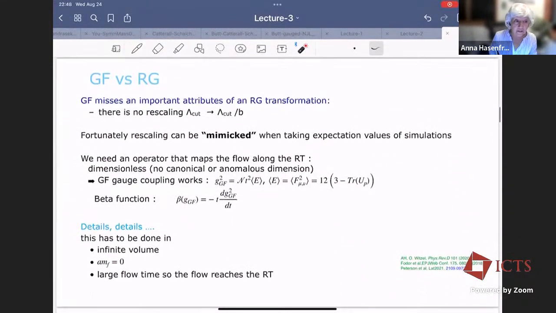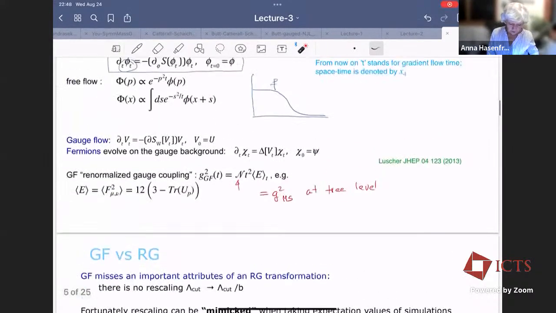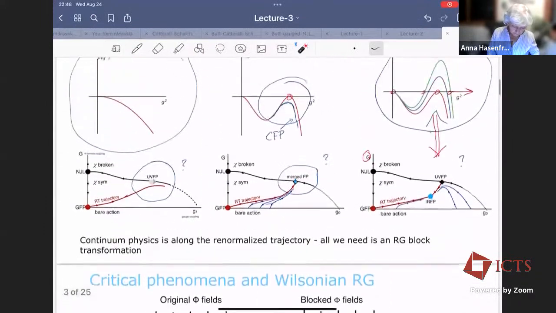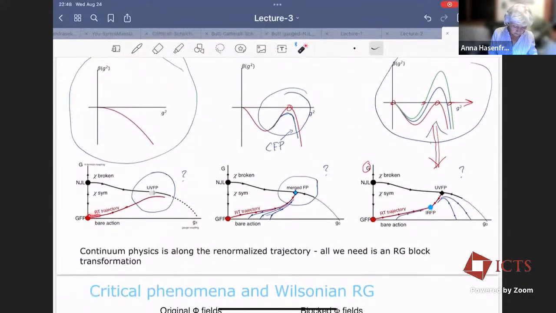So gradient flow, strictly speaking, is not an RG transformation, but it can be mimicked when we take expectation values numerically, and then it becomes a perfectly well-defined, correct RG transformation that is continuous. Now, if you have a continuous RG transformation, then we can use it to measure or follow the flow along the renormalized trajectory.